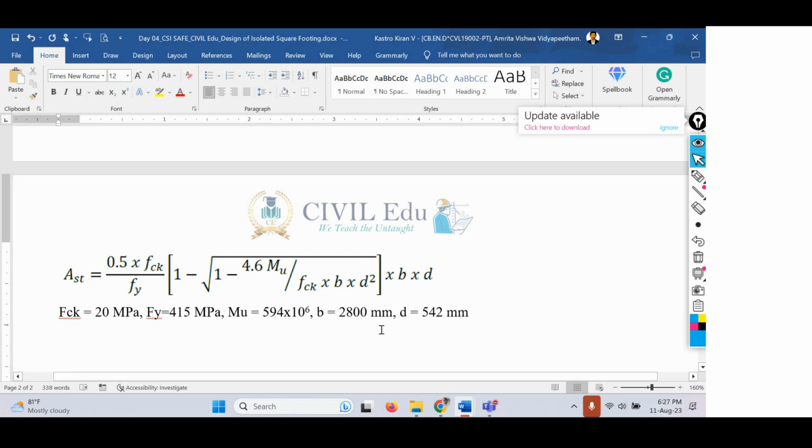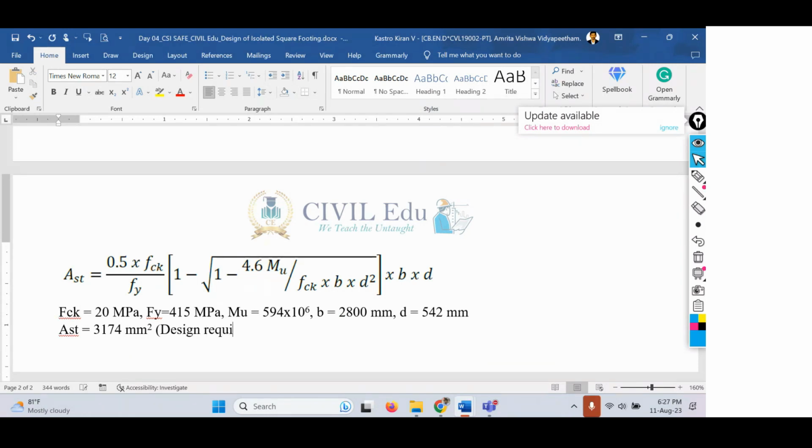Once you substitute all these values in the above equation, the area of steel we are going to get is 3174 mm square. This is basically the area of steel based on design requirement.